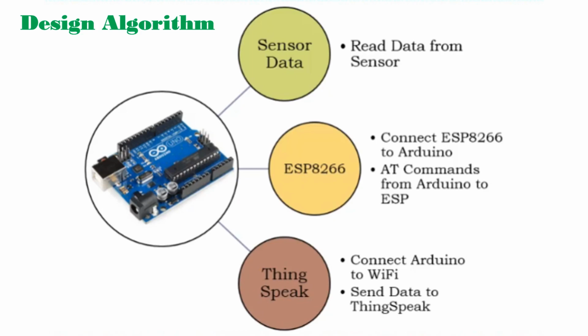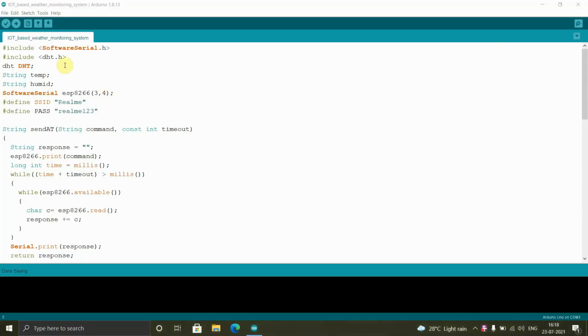This is the design algorithm used to build code for the project. Now we'll try to build the code for the three parts of the algorithm.